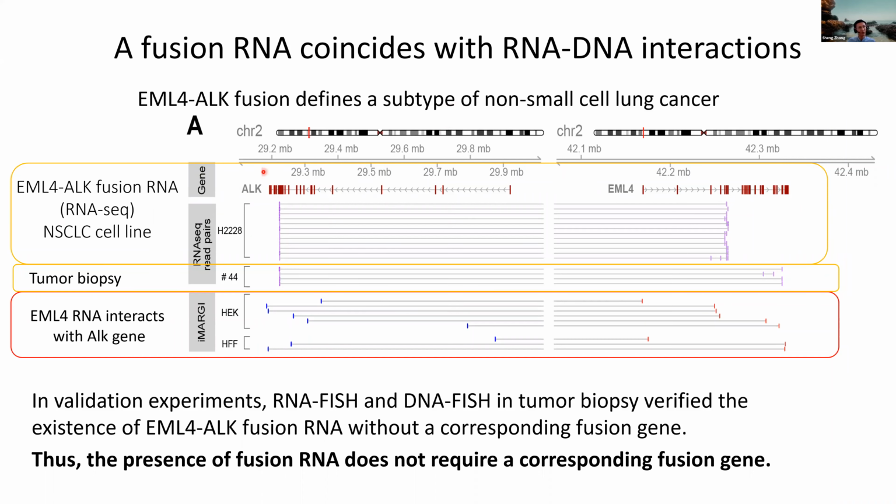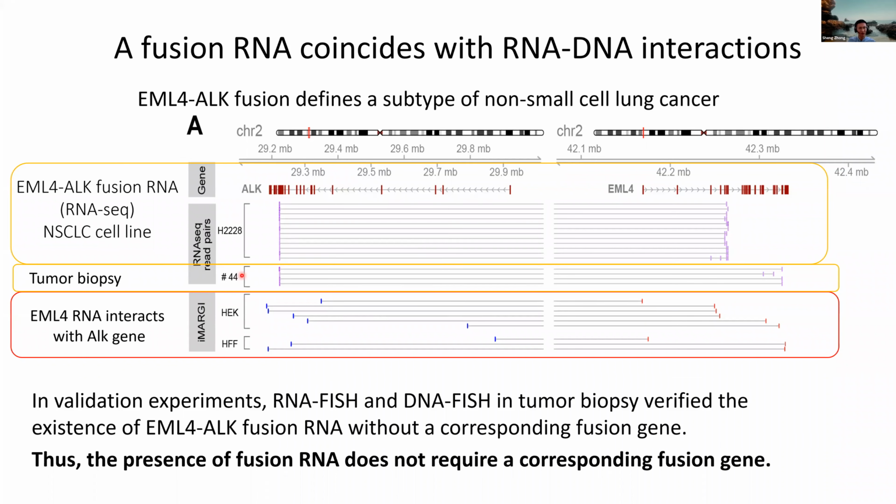So when we went back to analyze both non-cancer cell line and patient cancer data, we observed from cell line chimeric RNA-seq read pairs linking these two genes, confirming that at least in the cancer cell line, there is formation of this chimeric, this fusion RNA.